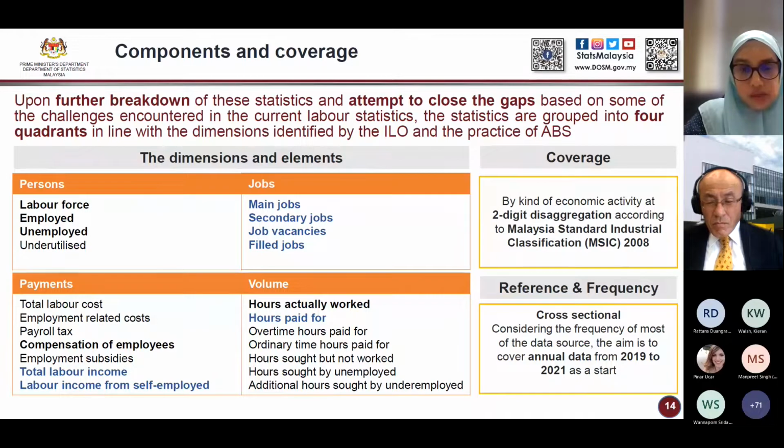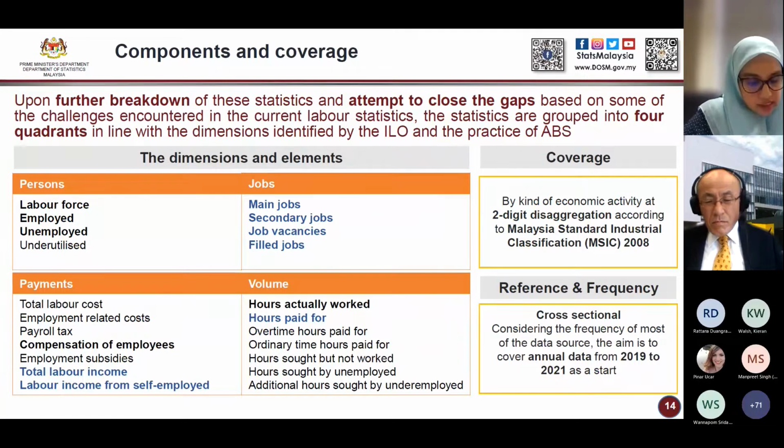We also draw on the practice of ABS and the UN guides on these matters. So basically, we put the elements into 4 quadrants: persons, jobs, payments, and volume.